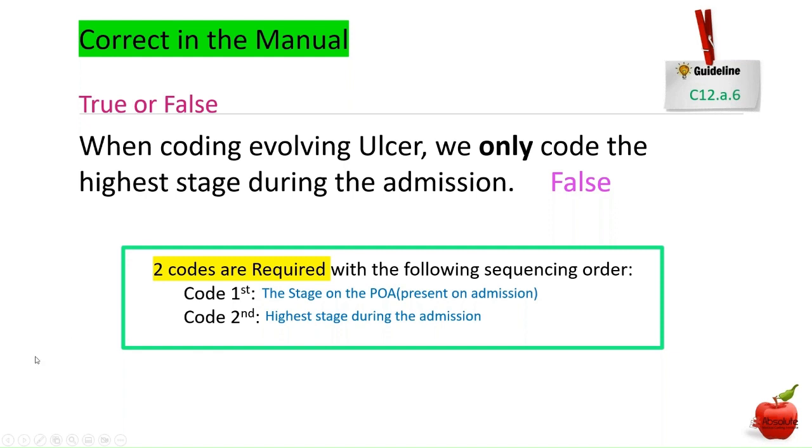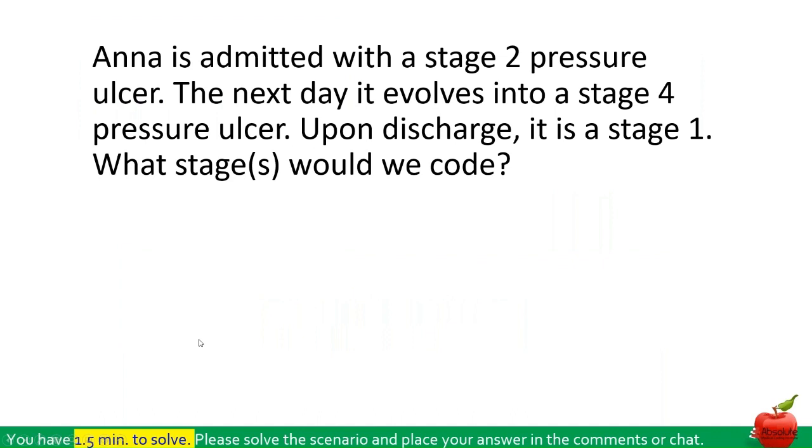So let's go ahead and take a look at two scenarios, and then we'll further explore this, and be sure that you're clear on this particular concept. So let's take a look. Now, what stages, because we know it's going to be a stage. I have stage or stages, but you know, because it's evolving, that you're going to need two.